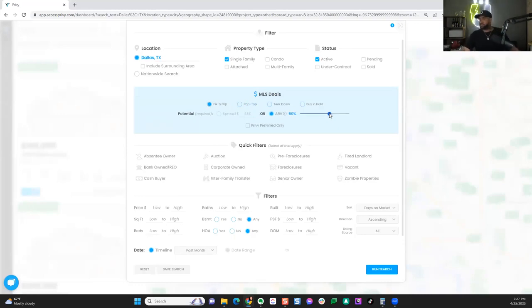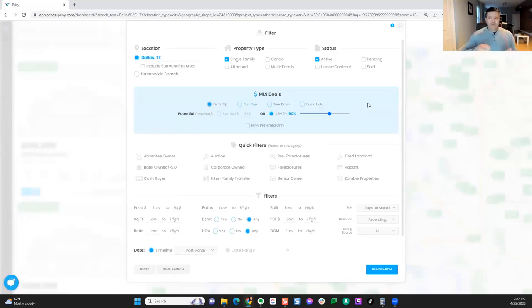Go ahead, Benson. Couple answers for some questions. People are asking about the agent account. So we do have a different version of Privy for people who are licensed. So if you're a licensed person and you sign up, make sure you choose the agent option. There's a couple things that you get that are different.